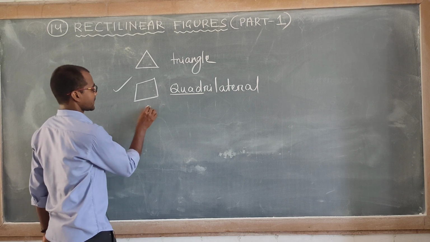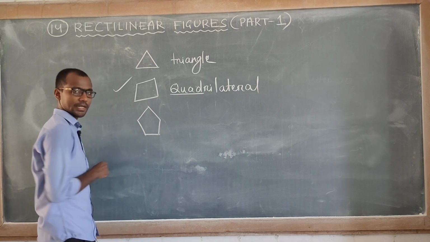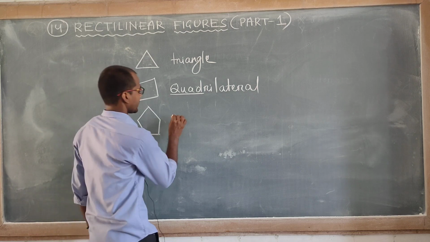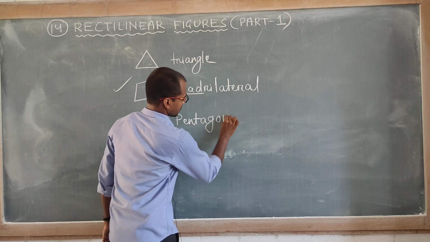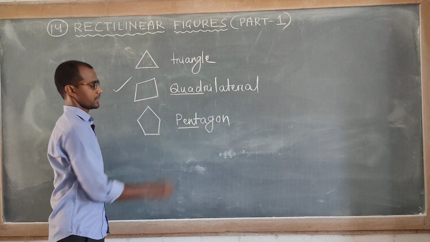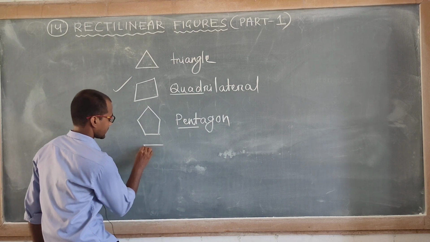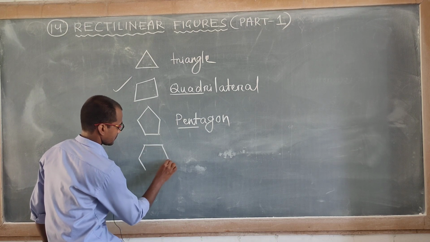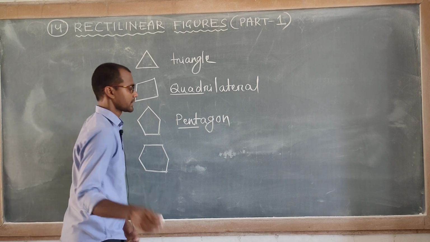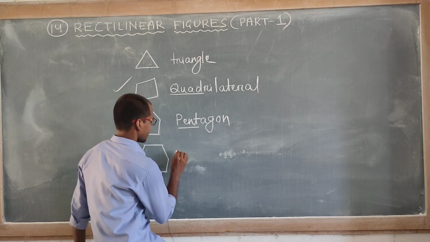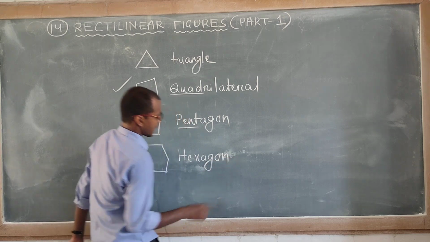Next we can have 5 sides. It is also a polygon. Its special name is pentagon. Pent means 5. Then we can have 6 sides, 1, 2, 3, 4, 5, 6. It is also a polygon. Its special name is hexagon.